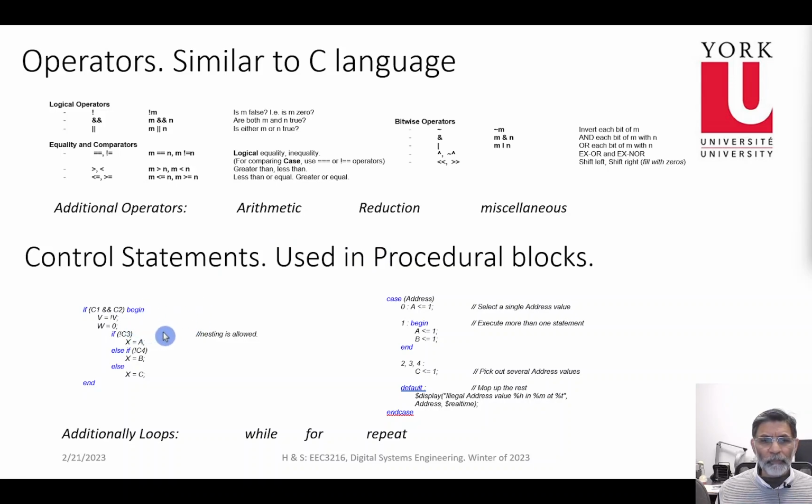There are if, else if, and nested if statements, which are allowed. They go inside procedural blocks, the initial or the always block. Then there's a case statement, again similar to the C language, and then we have loops like while loop, for loop, and repeat loop. I showed you some of these in that test bench.